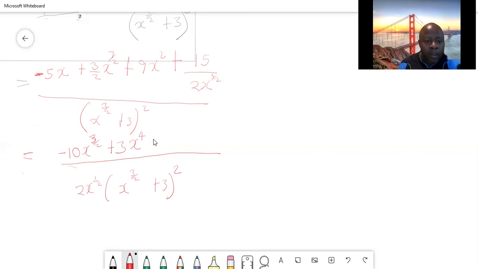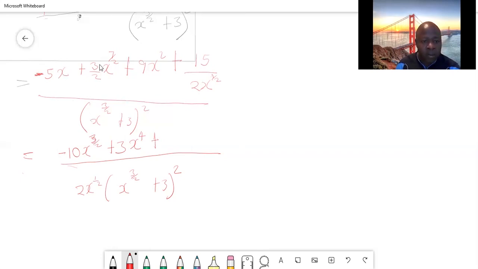And then here, because 2 went here, x raised to a half times this is the same as x raised to 7 over 2 plus a half, which is 8 over 2. So we are done with this part.